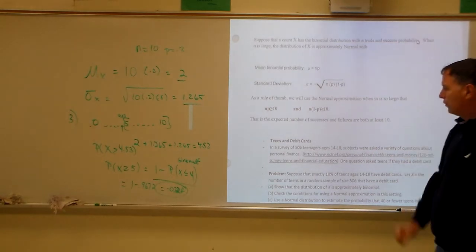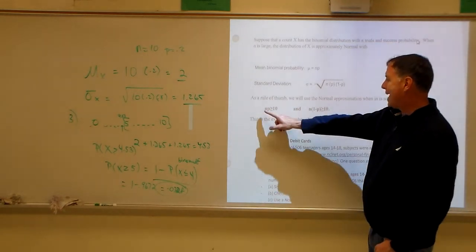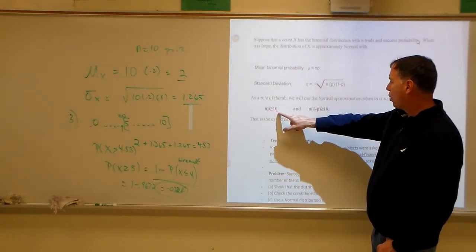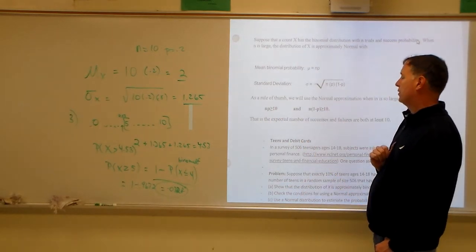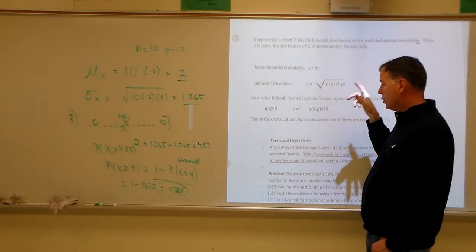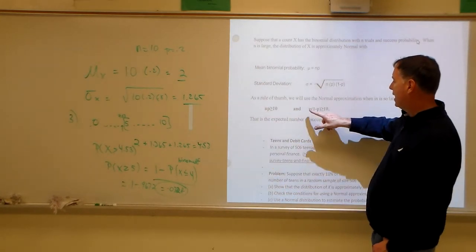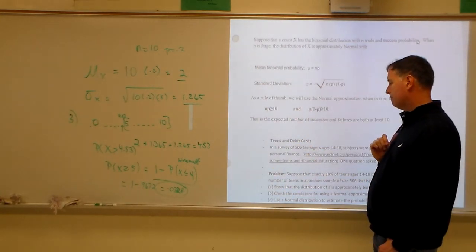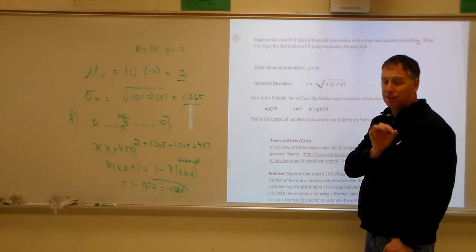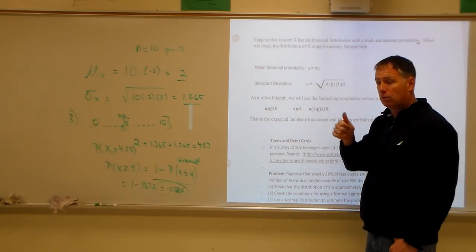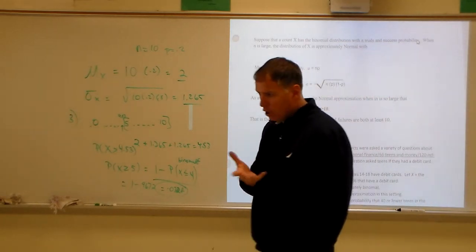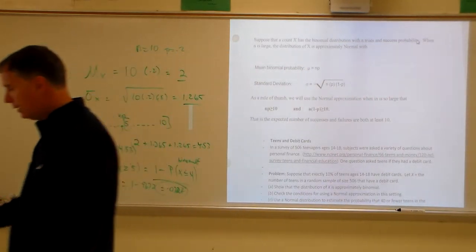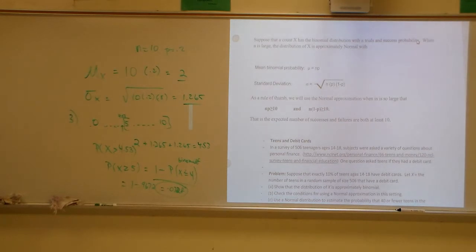And this is our rule of thumb. When n times p is more than 10 successes and more than 10 failures, so you do n times p and n times 1 minus p. When that happens, they say that you could use the normal distribution to explain the binomial random variable.